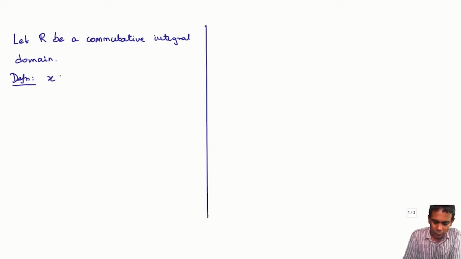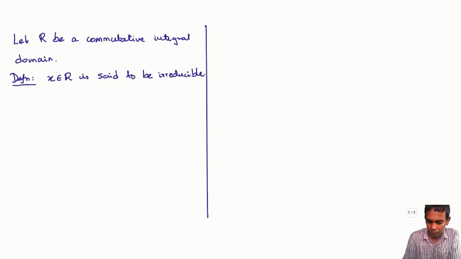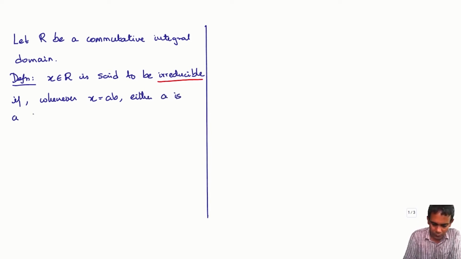An element x belonging to R is said to be irreducible if whenever x equals AB, either A is a unit or B is a unit.